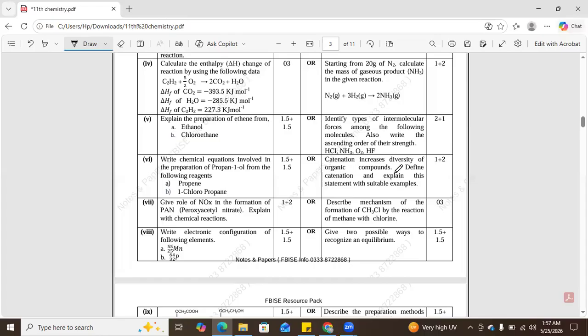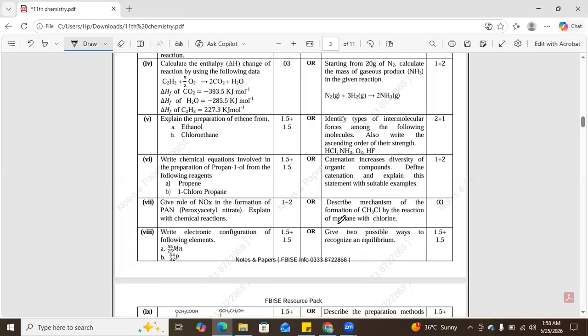Catenation increases diversity of organic compounds. Define catenation and explain this statement with a suitable example. Number 7 is, give the role of NOx in the formation of PAN, peroxyacetyl nitrate. Explain with chemical reactions.